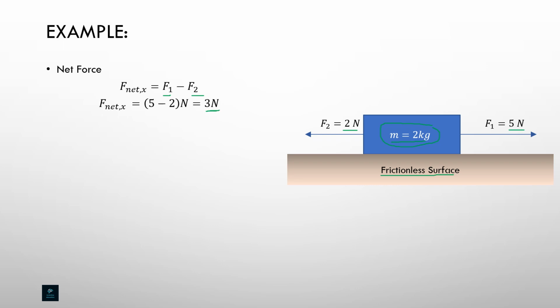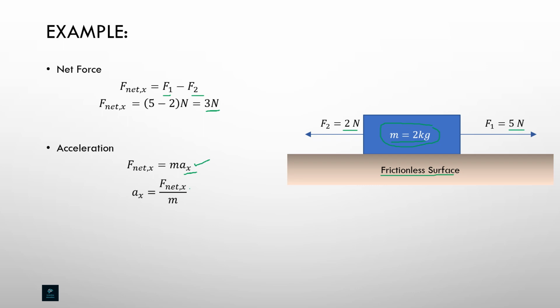Next, we obtain the acceleration. We know that F net x is equal to the mass of the body times the acceleration produced in the body. And since the net force is in the x direction, the acceleration is produced in the x direction. From this, we obtain Ax equal to F net x by m.